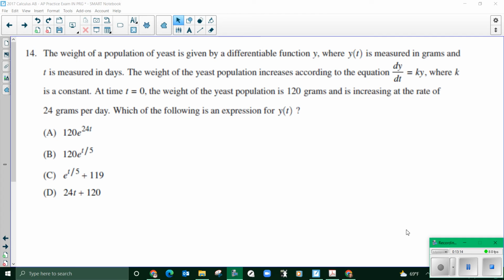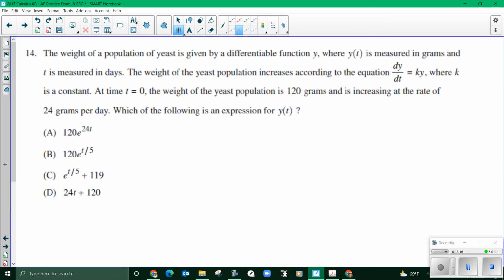All right, the first thing you need to realize is when I have this right here, and they want an equation for y, I'm going to have to use separable differential equations. We're going to have two integrals going. What do I mean?